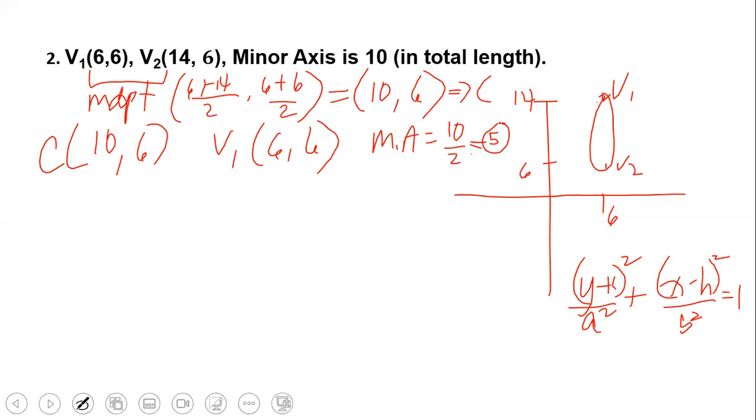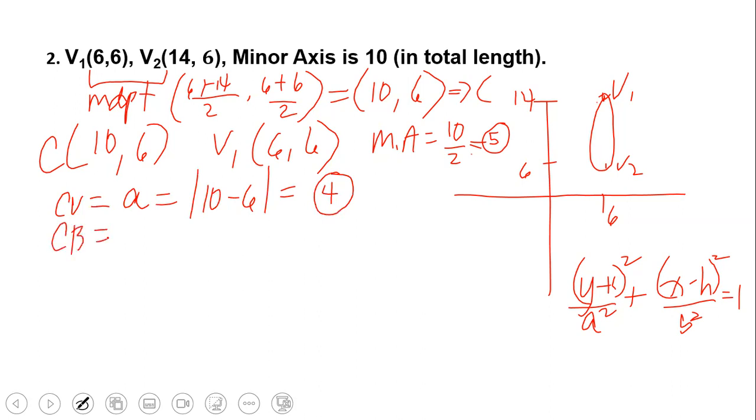So, therefore, we can already solve for the distance. Center to vertex is a, which is 10 minus 6, equal to 4. Center to co-vertex, which is b, is already 5 units. So we can say a is 4, and we have the co-vertex as 5 units.